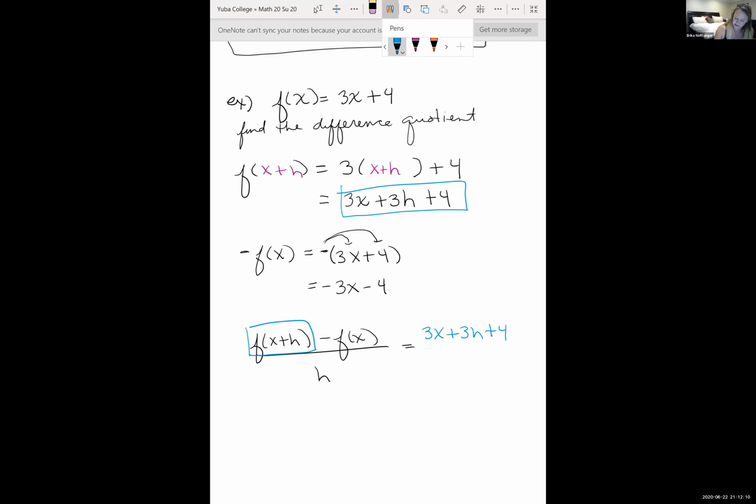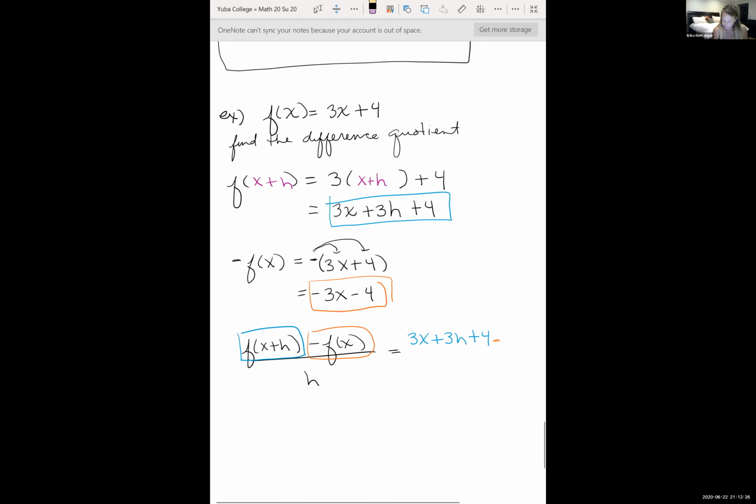And then we saw that this minus f of x was this negative, oops, minus 3x minus 4. And put it all over h.